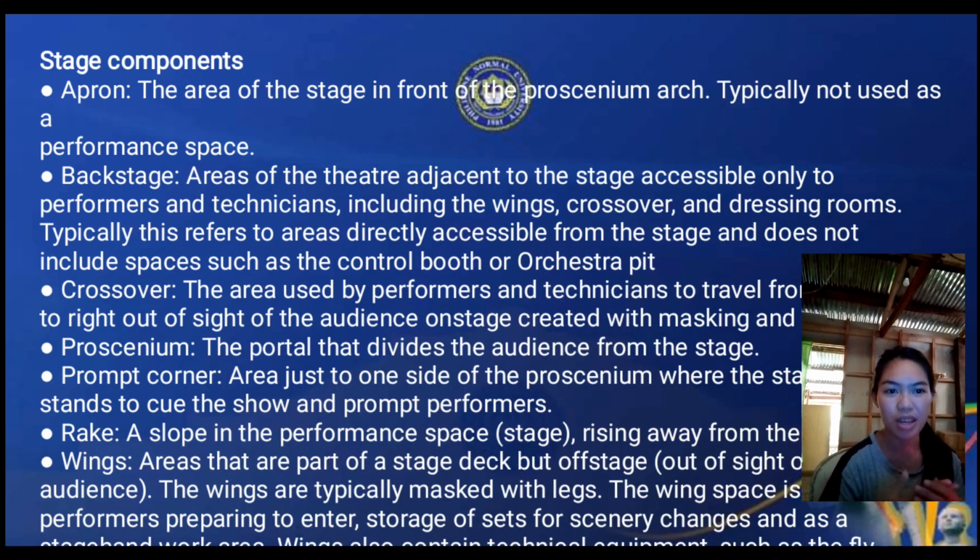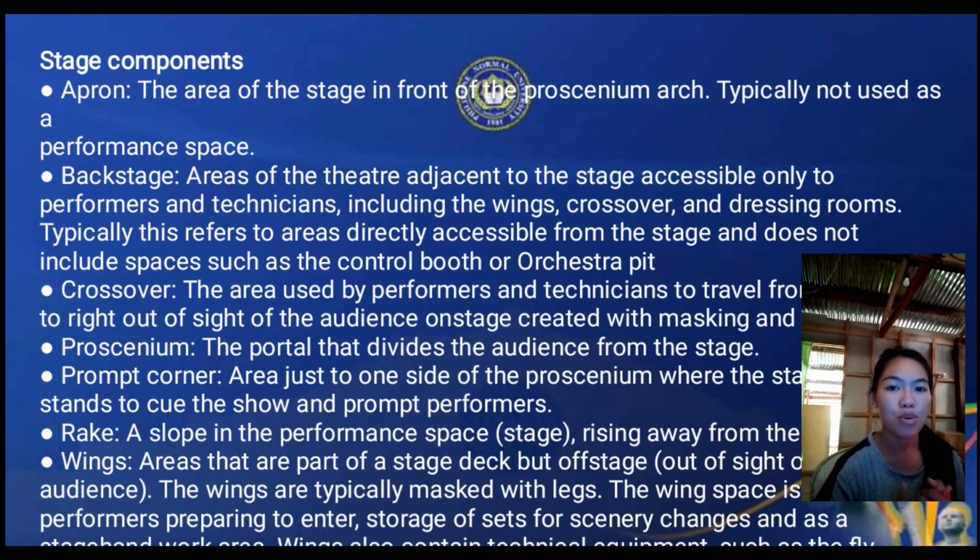Next is wings, areas that are part of a stage deck but off stage, out of the sight of the audience. The wings are typically masked with legs. The wing space is used for performers preparing to enter, storage of set for scenery changes, and as a stagehand work area. Wings also contain technical equipment such as the fly system.